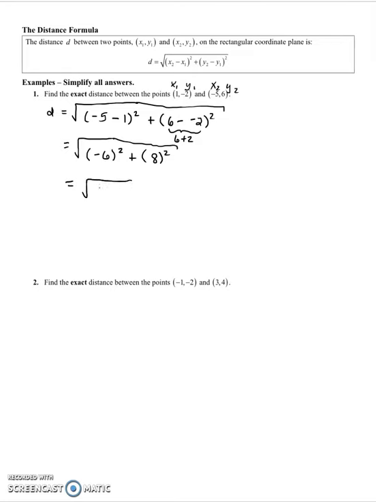So -6 squared is 36, plus 8 squared is 64, which equals 100. And the square root of 100 is 10. So the distance between those 2 points is 10 units.